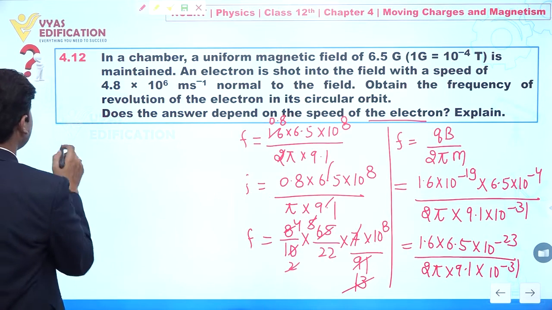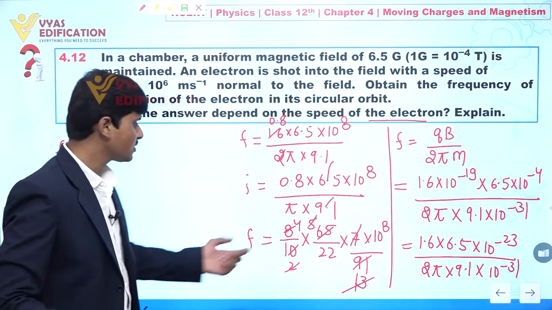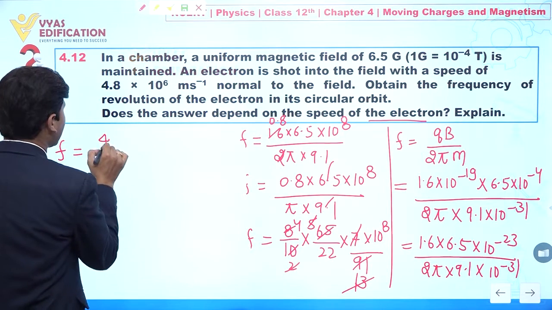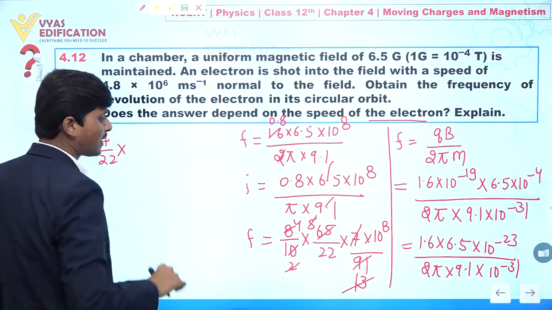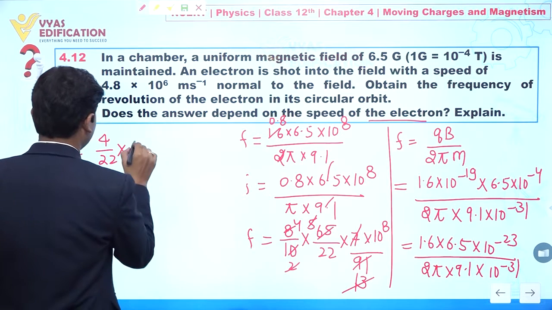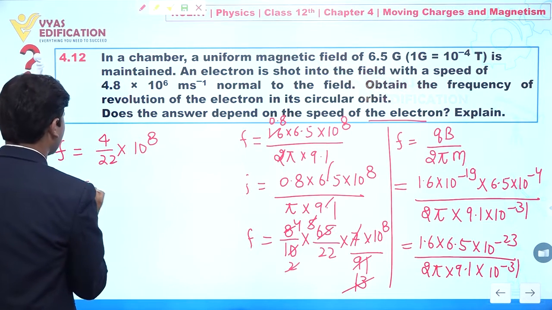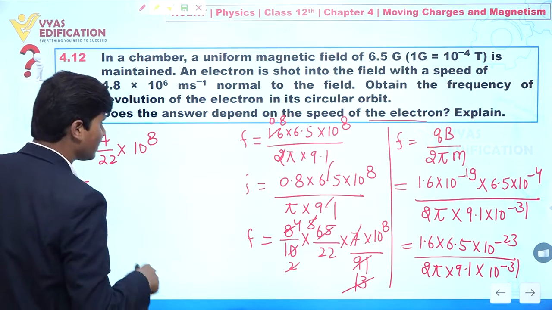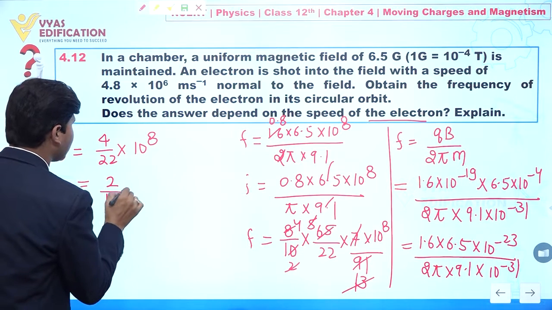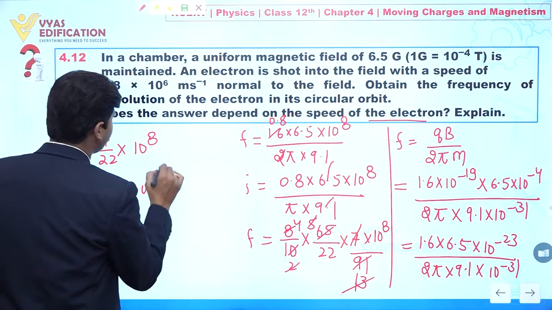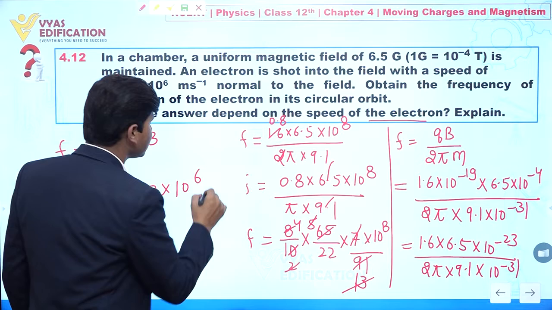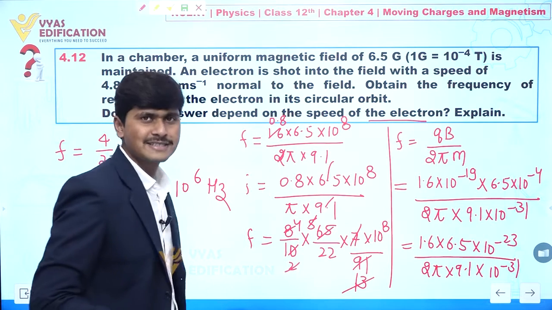I can write the value of f as 4 divided by 22 multiplied with 10 to the power 8. So this is 2 by 11 into 100 into 10 to the power 6, and this value comes in hertz.